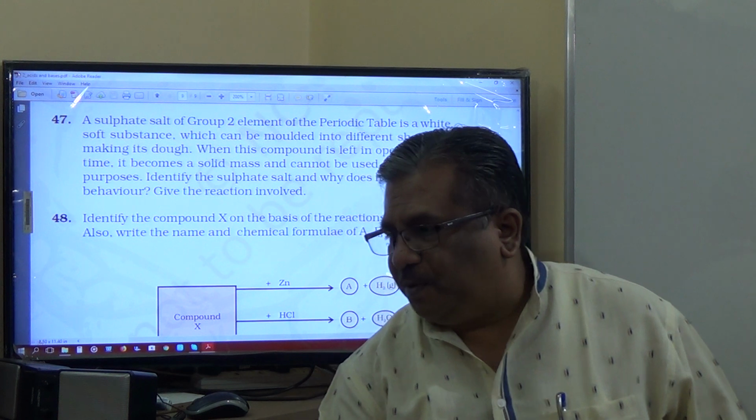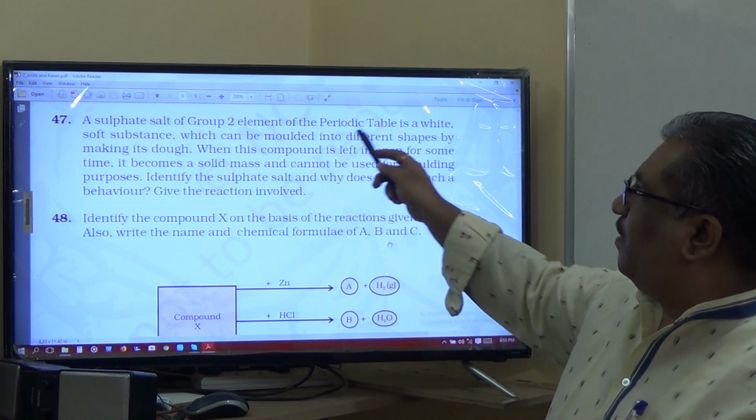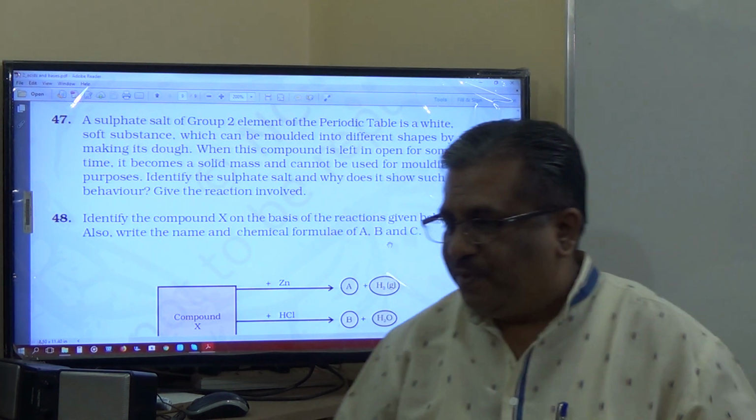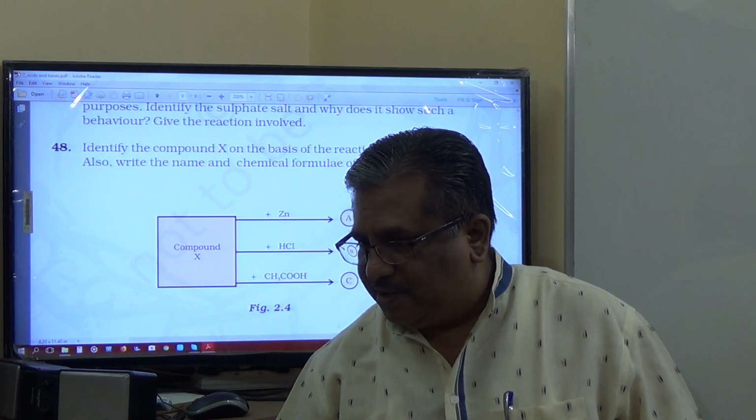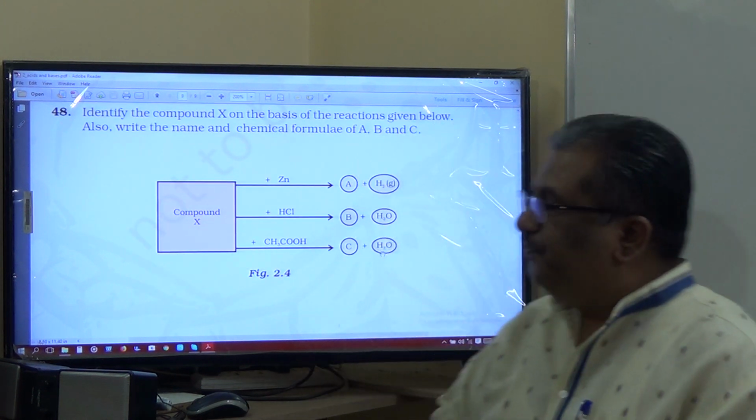A sulfate of a group 2 element in the periodic table, I will discuss that after completion of the periodic table chapter.